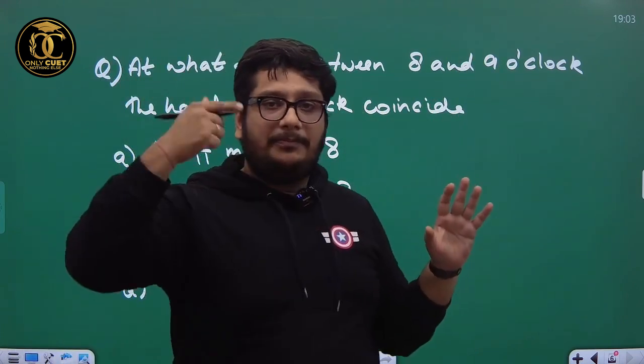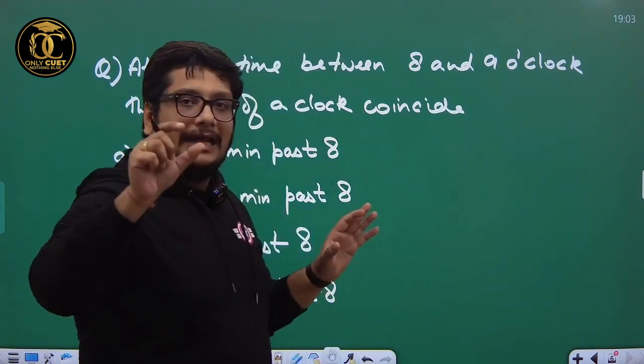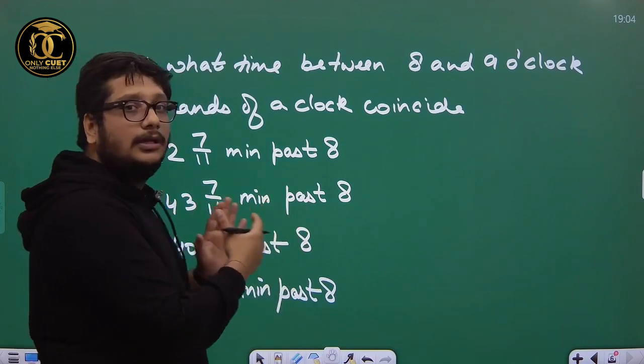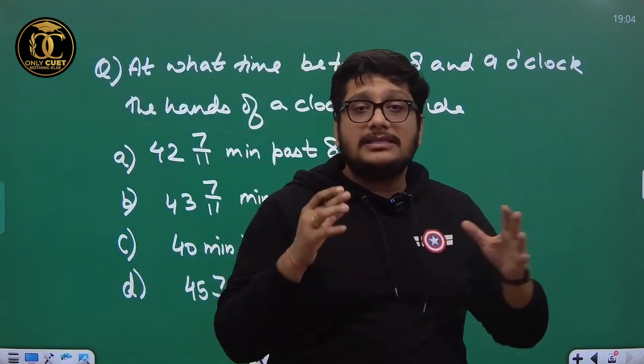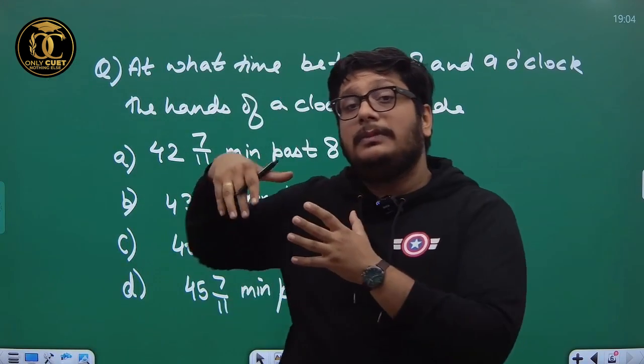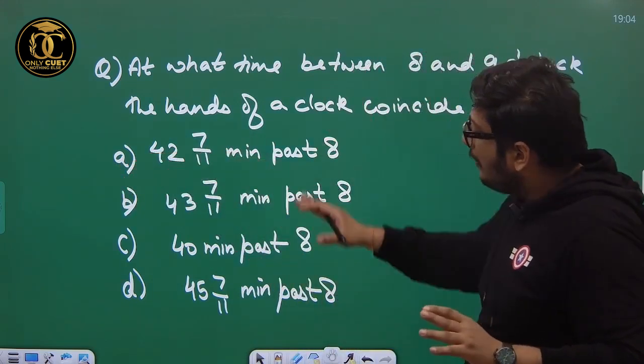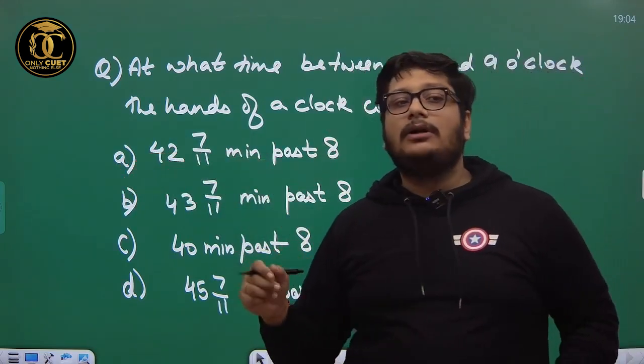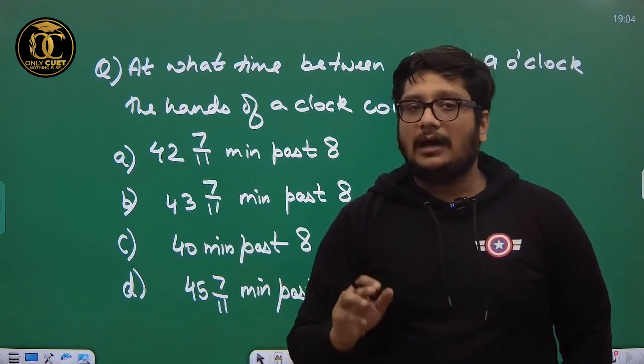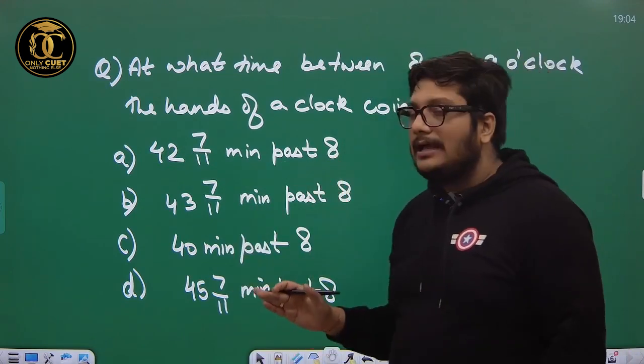The place where we get it, that answer would be our answer. I'm not talking about how we're going to be solving it. I'm just giving you an idea of how we will be doing this. Understood? So a brief overview of what type of questions are asked. So this was asked last year.